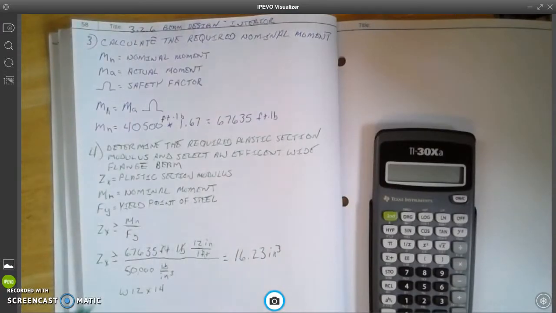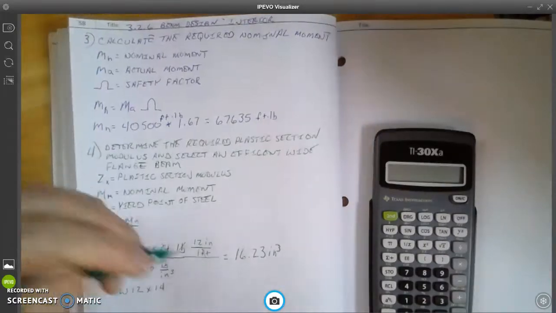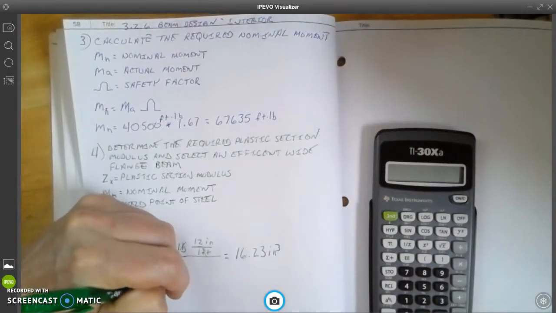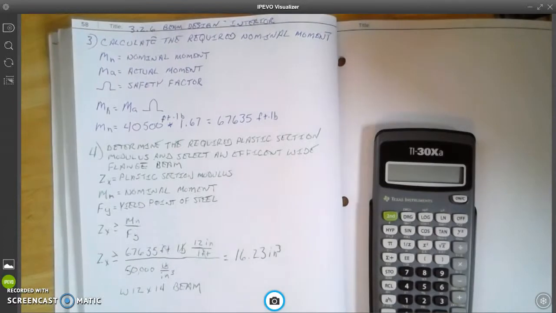So you can see I wrote that down there, W12 by 14 beam. Okay, next thing we're going to be doing is starting to do the shear strength, and then we'll get to deflection limits and actual deflections and selecting the final design.